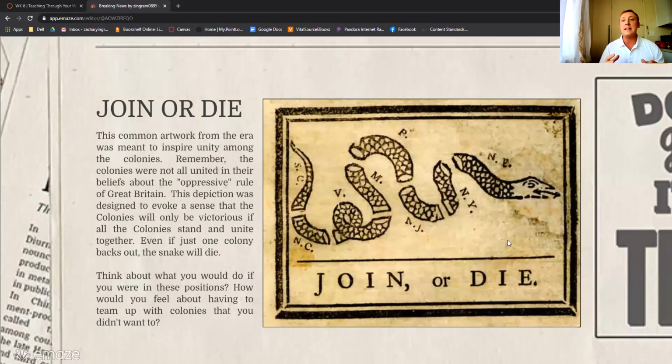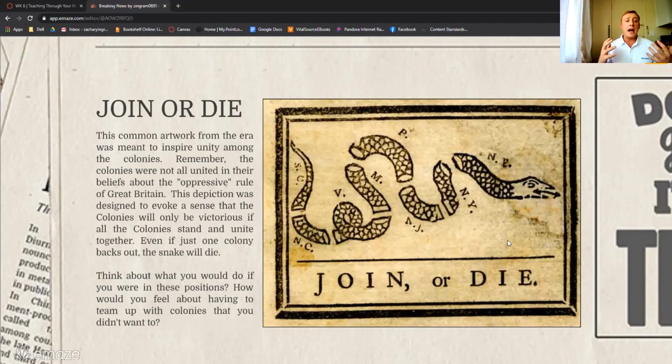All the colonies needed to come together as one singular unit, as a single snake. If one of them wasn't, say South Carolina down here at the tail, say it wasn't part of it, they wouldn't be able to be a successful army, and they couldn't actually finish the revolt. So it was a call for unity, and this was just a symbolic representation of that unity.